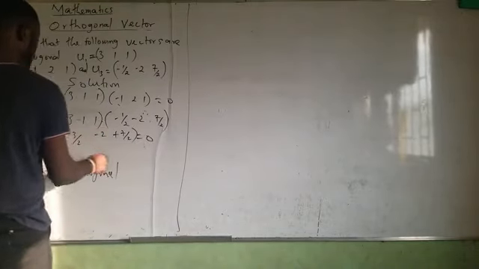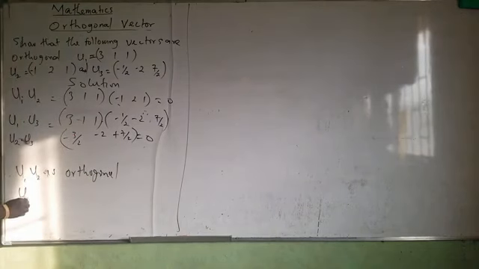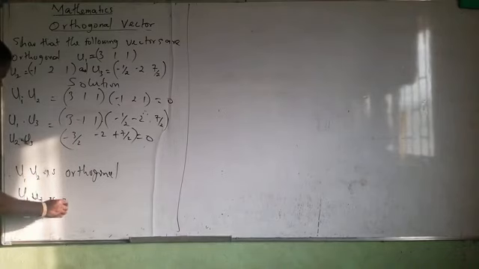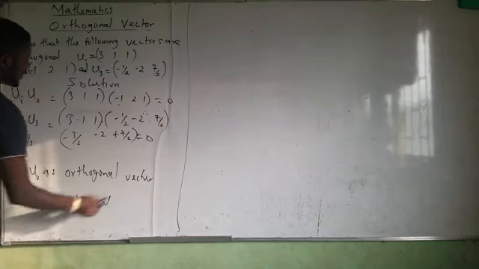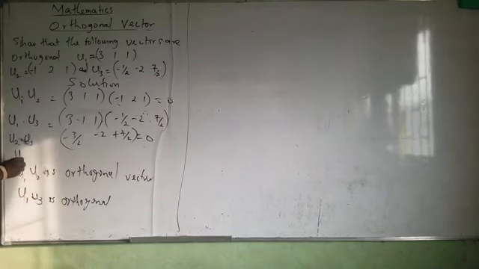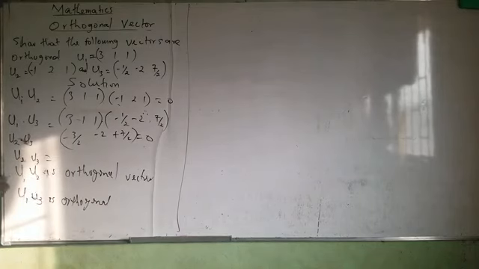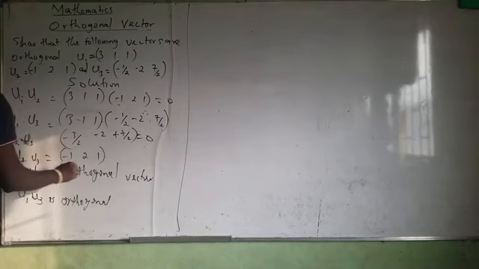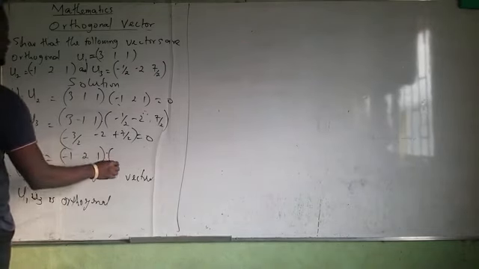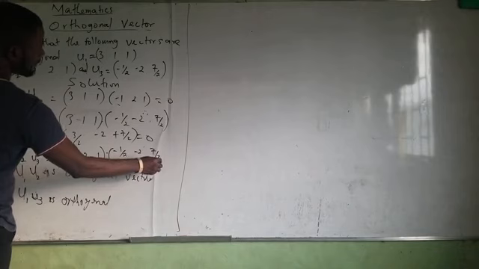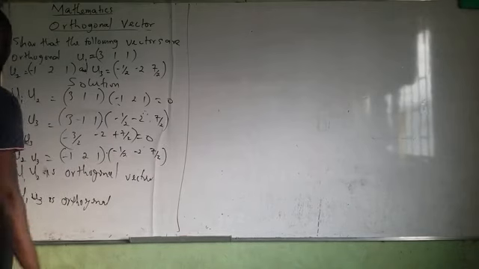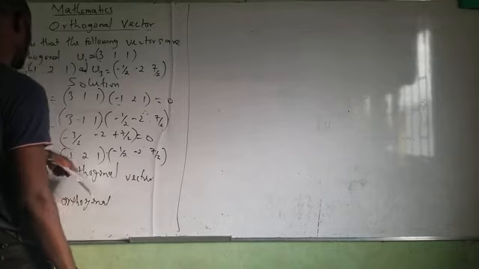It is 0. Now, it means u1, u2, u3 is an orthogonal vector. Now, the last part of it: I have u2, u3, can it be equal to 0? What I just need to do is u2 (-1, 2, 1) dot (-2, 2, 7/2). Their dot, I will be having minus 3 plus 4.